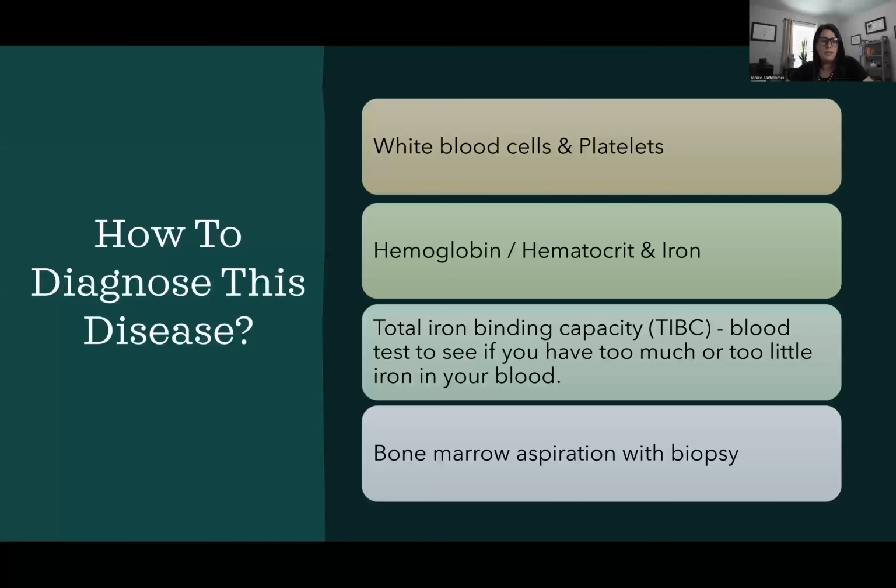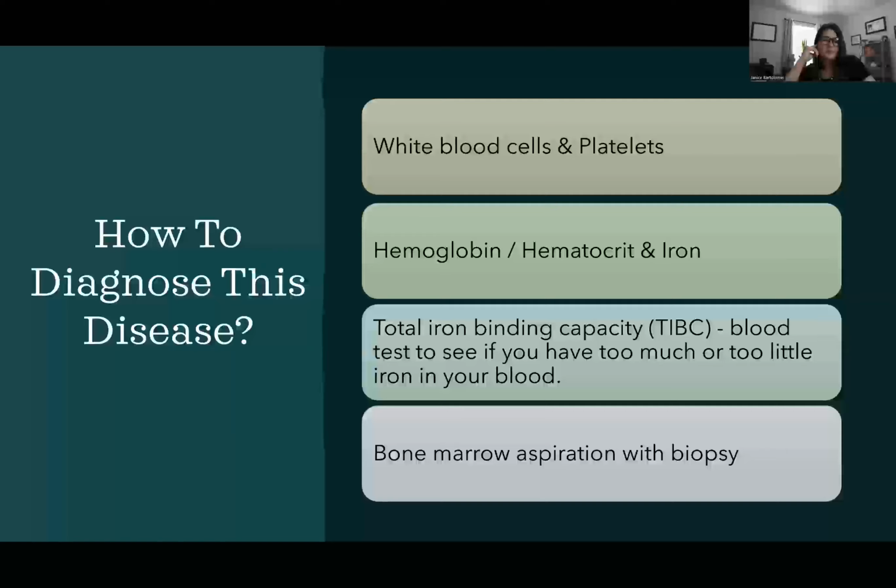Okay, CBC can let us know white blood cells, red blood cells, platelets, hemoglobin, hematocrit. We can take an iron level just to see if it's differentiating from iron deficiency. But really, the key diagnostic test here is going to be your bone marrow, because on your bone marrow, you're going to be able to tell that it's not producing the cells that it needs to.